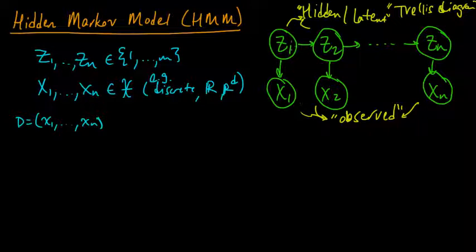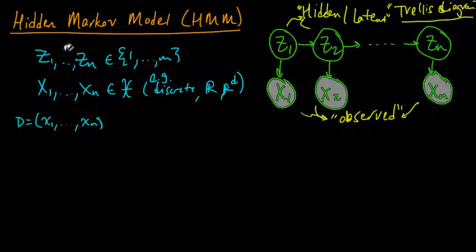If you think of the subscript as time, you can think of time equals 1, time equals 2, and so on. Since the X's are observed, following our earlier convention for graphical models, we could shade those in. So this is the whole probabilistic model.